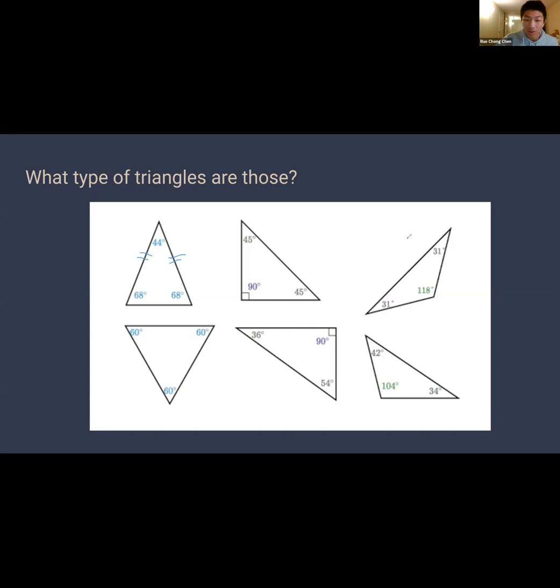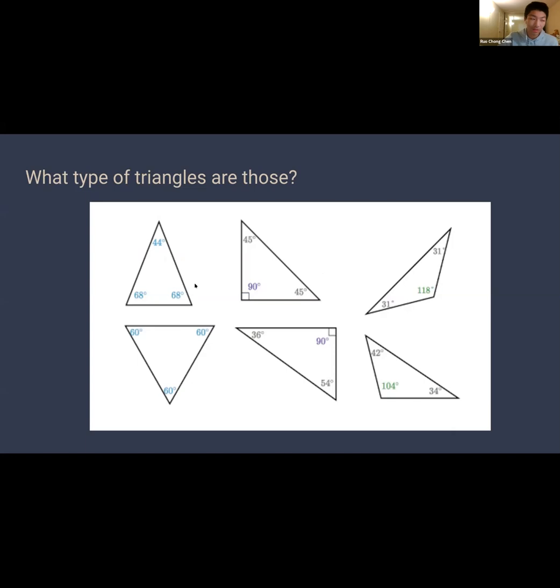And for the next one, we can see there's a right angle, which is an angle of 90 degrees, and there are two angles that are both 45 degrees.